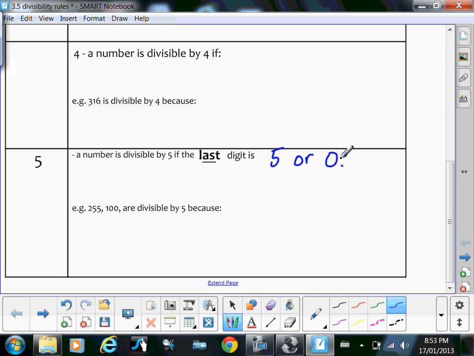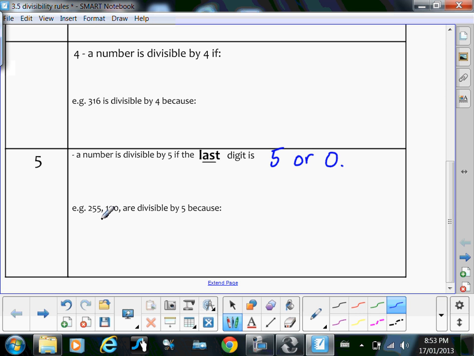The difference between the rule for 5 and the rule for 10 is that a number is only divisible by 10 if the last digit is 0. But in the case of 5, a number is divisible by 5 if the last digit is 5 or 0.